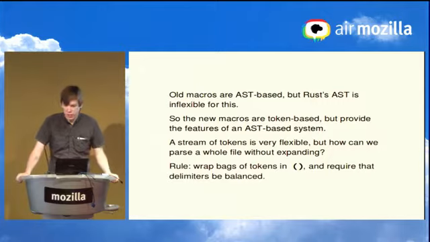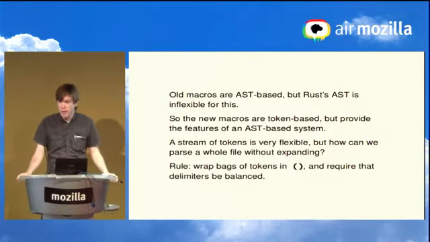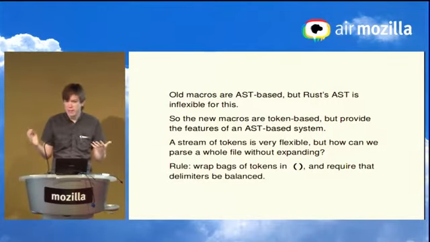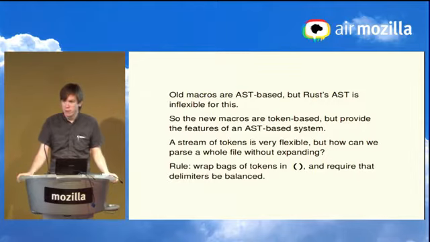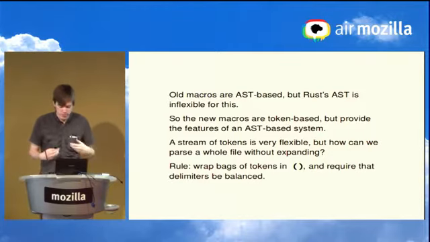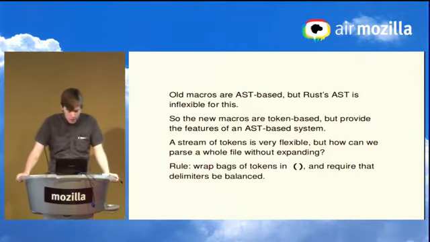And that suffices. It's possible to find the end of macros, and it turns out that people don't really have a burning desire to come up with syntaxes which take unbalanced identifiers in them. There's just no point to doing that.